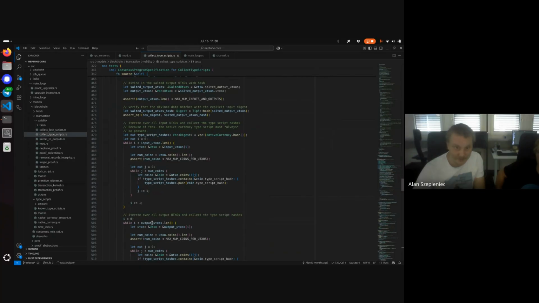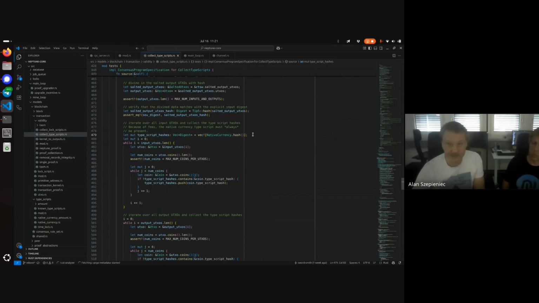We're still iterating over all the outputs, still iterating over all the inputs, but now we ensure that the list of TypeScript hashes is never empty. In particular, it always contains the native currency TypeScript hash. And that's the essence of the fix.